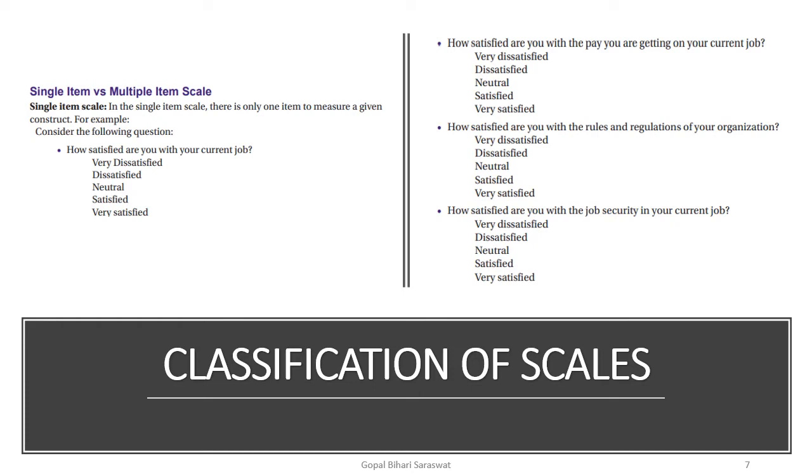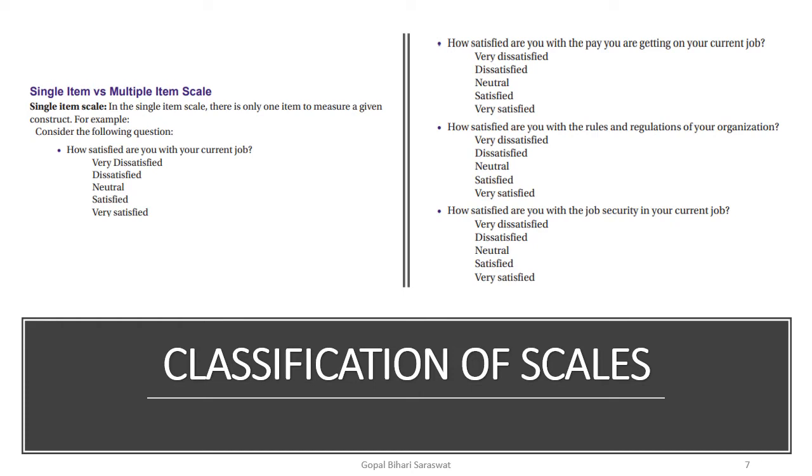So in a single item scale, we ask a single question at a time. How satisfied are you with your current job? The person may answer very dissatisfied, dissatisfied, neutral, satisfied, or very satisfied. But this does not give a person a chance to open up.